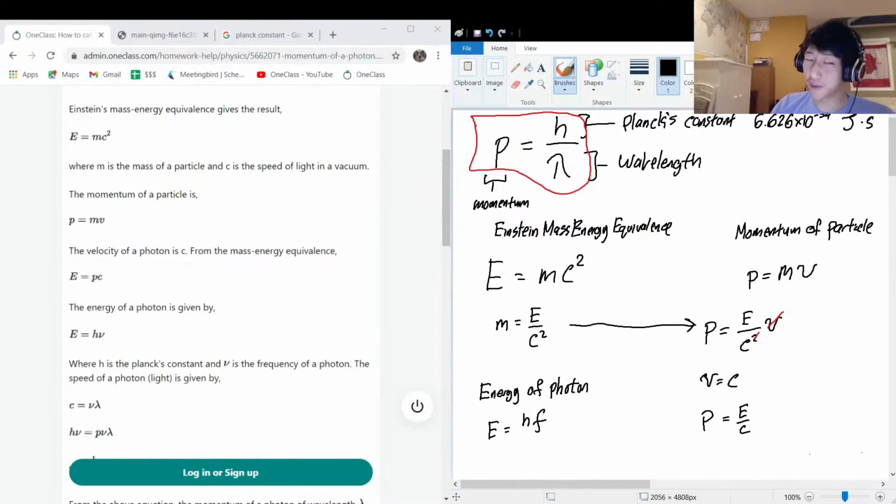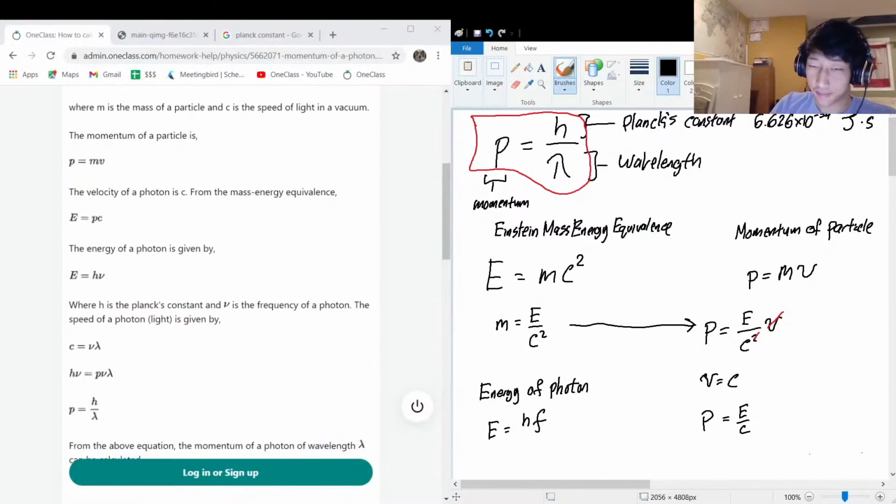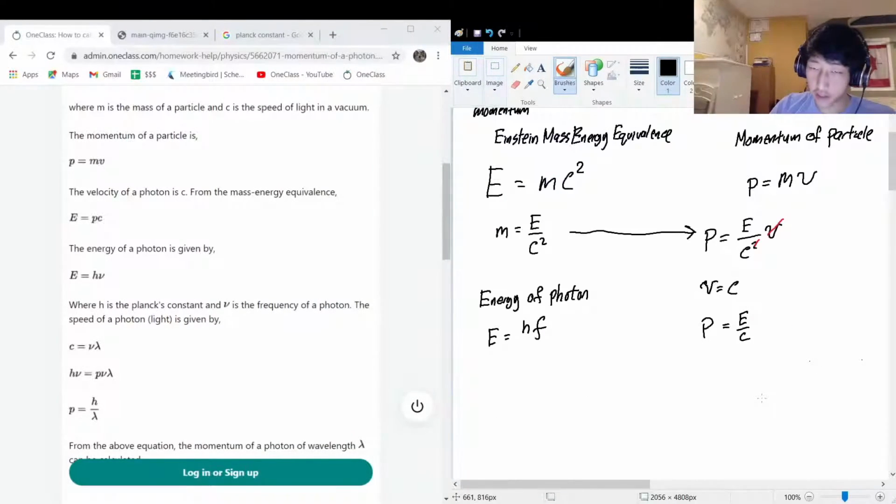I guess that works, but in my opinion, F makes a lot more sense because you don't use F for other things like velocity. That's just my opinion. So we can sub out hf for the E in here. So P equals hf over c.